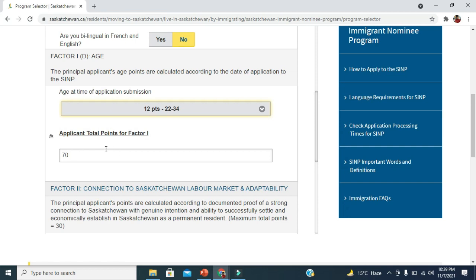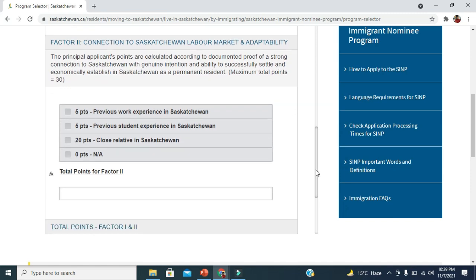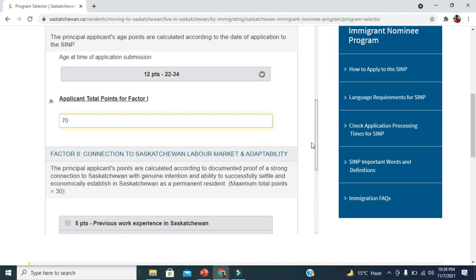So now you can see that the points for your expression of interest are going to be 70, which is the highest one can get without having a job offer or connection within the province.